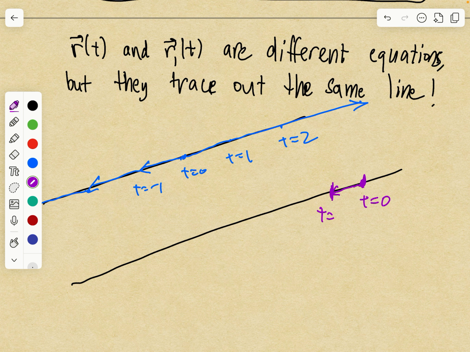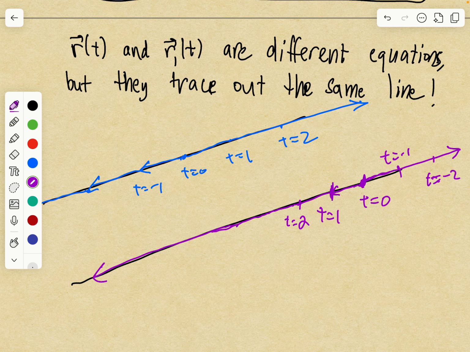Then when t is 1, the car is there. And when t equals 2, you go the same distance in that direction, and then it just goes out forever in this direction. And when t is negative, it'll be on this side, so this might be where t is -1, this is where t is -2, etc.